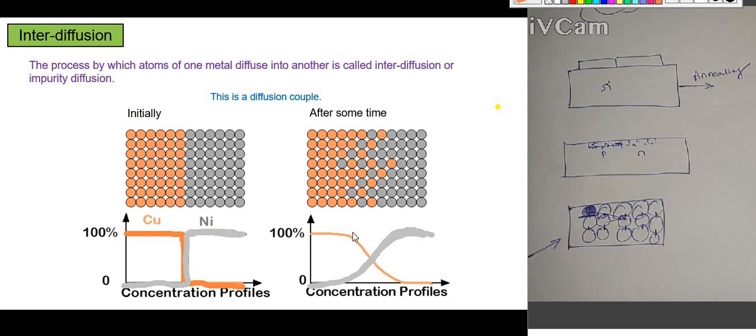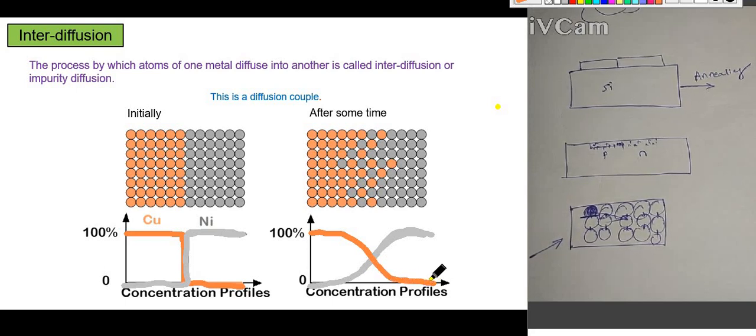And what about copper? Copper similarly is gradually reduced from 100% to 0. Okay, so by the diffusion process we got this type of movement. So this type of diffusion is called interdiffusion. Here we can see two types of metals, two types of atoms. Okay, so such diffusion is called interdiffusion.